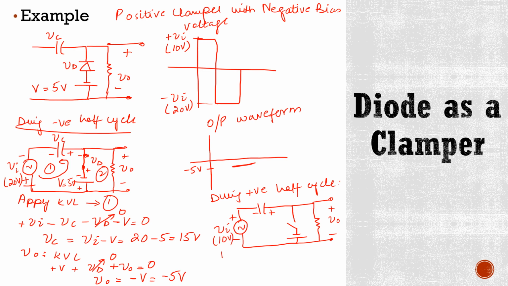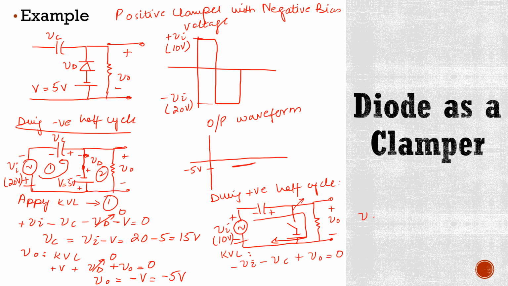So if we apply KVL here, we know that now current will flow in this direction. It means no current will flow through this diode. So your equation is, if we start from this point, minus Vi minus Vc plus V0 is equal to 0.